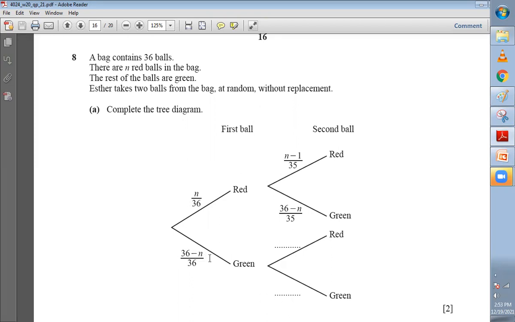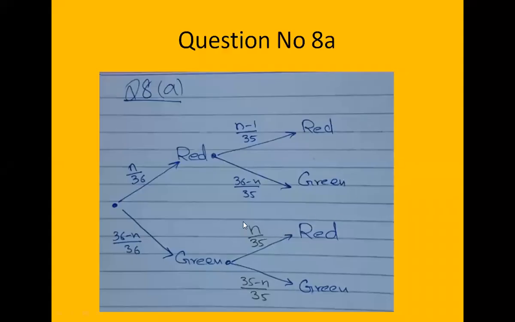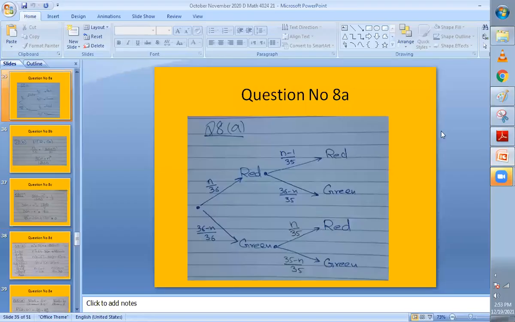So 36 minus n minus 1, that will be 35 minus n. So here I write 35 minus n divided by 35. Let me show you. These are the 2 things which you have to write. It's a 2-mark question. Hopefully you understand.